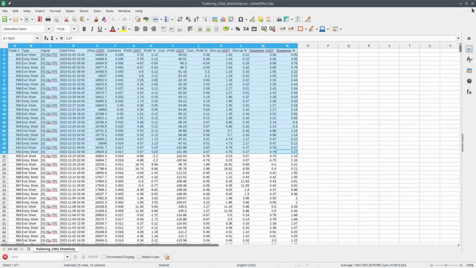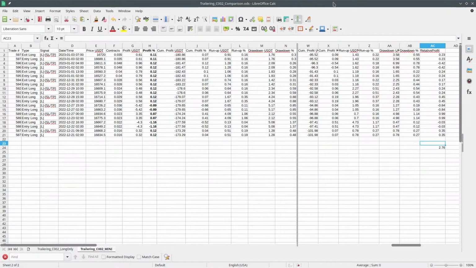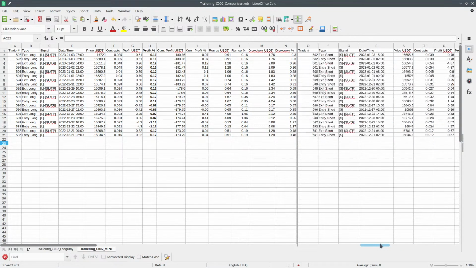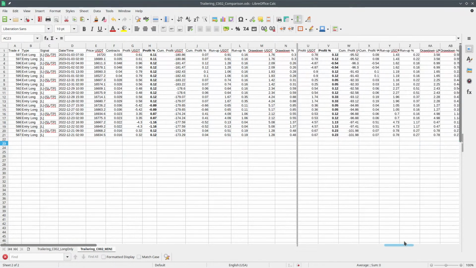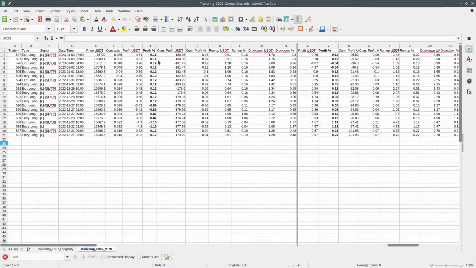Okay, so this is a short only, and here we have this comparison. What we have here: a profit which is positive, and we have another one which is positive too.